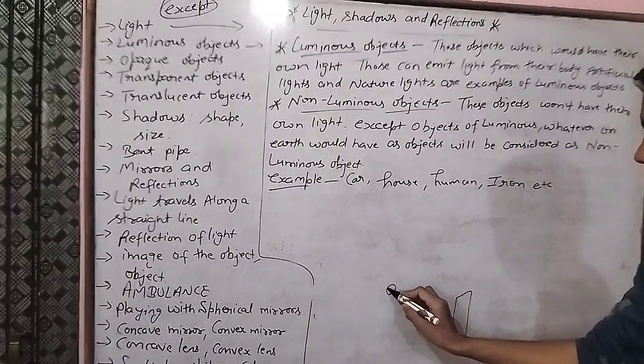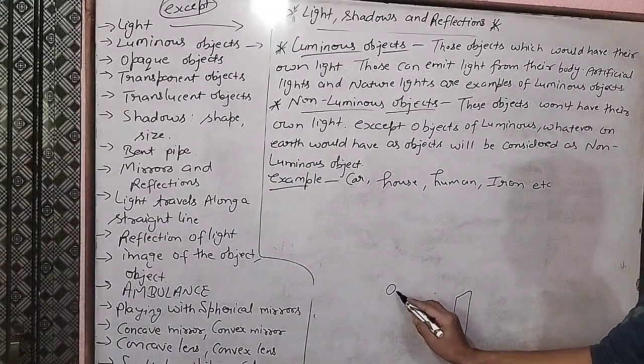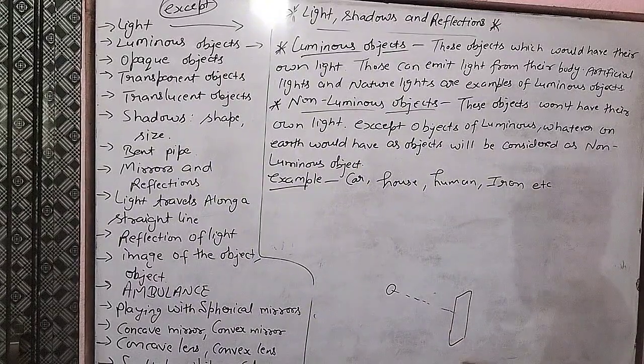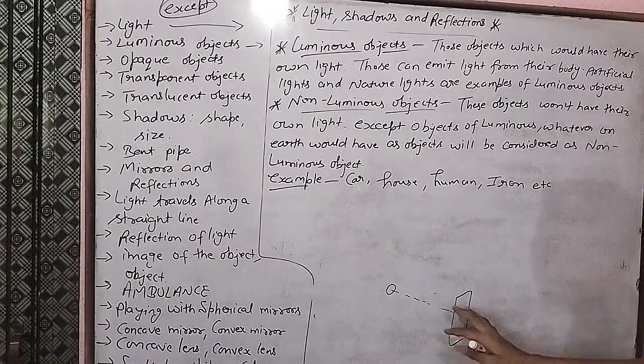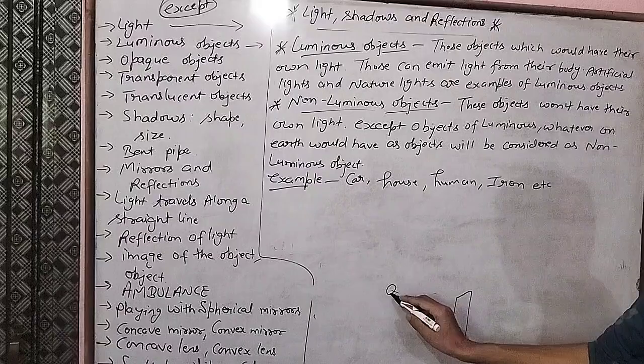So source light is there here. Light coming from this source light is falling on this object. We don't know which type of object is there. So to know which type of object is there, we are investigating. We are in process. So this is a source light.